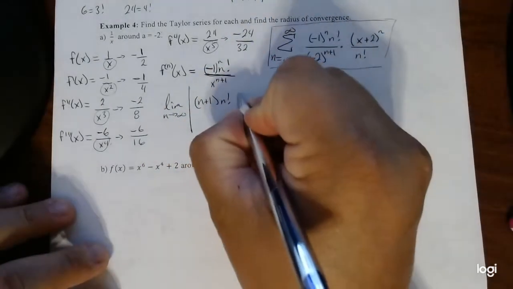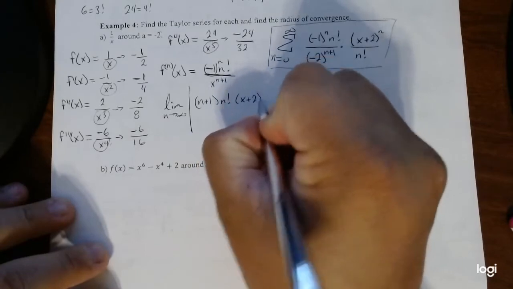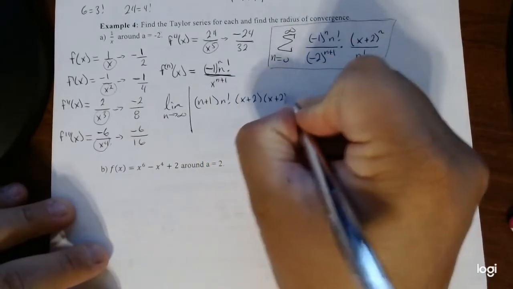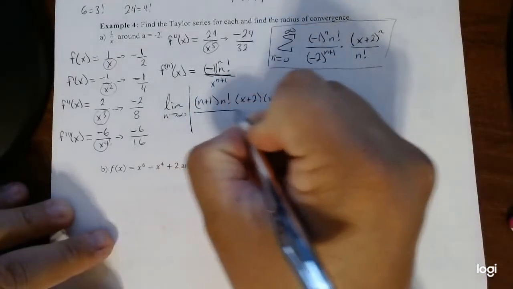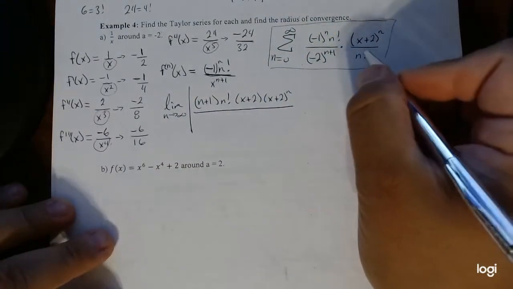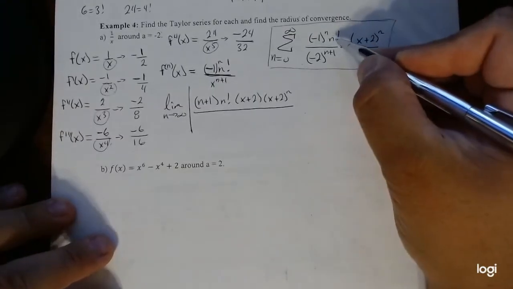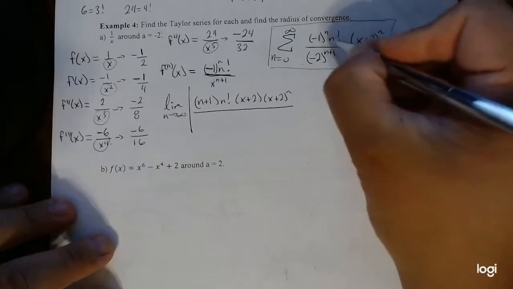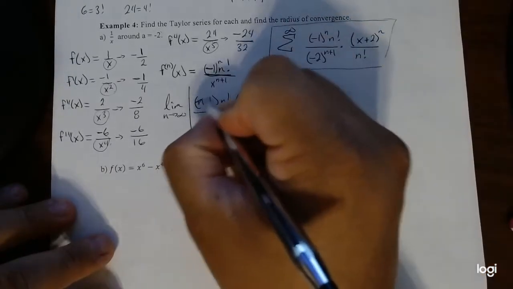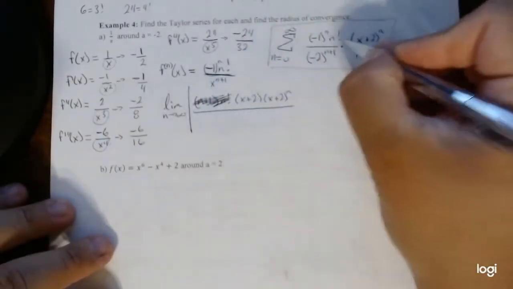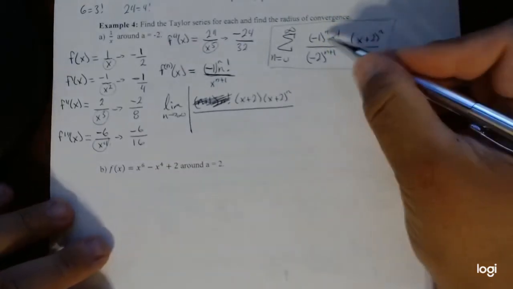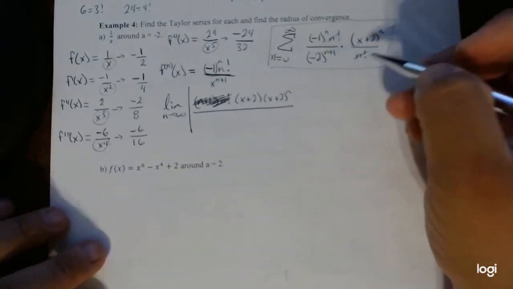This ends up being x plus 2 times x plus 2 to the n, because it's n plus 1. And the great part is, notice stuff cancels before I do anything. So these actually cancel, so this is gone. Cool, one less thing to deal with.